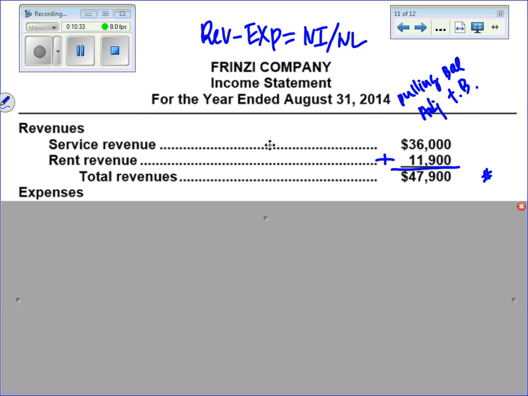Okay, good. Let's count. How many expenses do you see? 5. Now, why do some of them have balances in the before and some of them don't? When are 3 of them used? During the adjusting entries, okay?